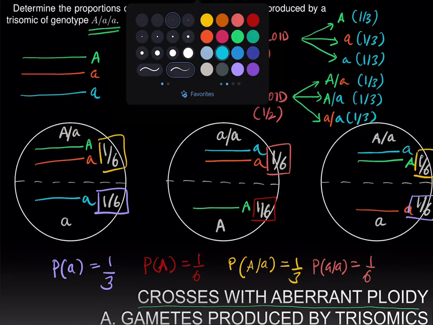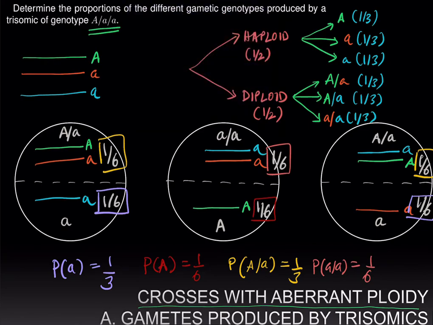And applying the product rule, we see that each of these gametes have a 1/6 probability, and then we can apply the sum rule to compute the probability of big A little a diploid gametes or little a haploid gametes.